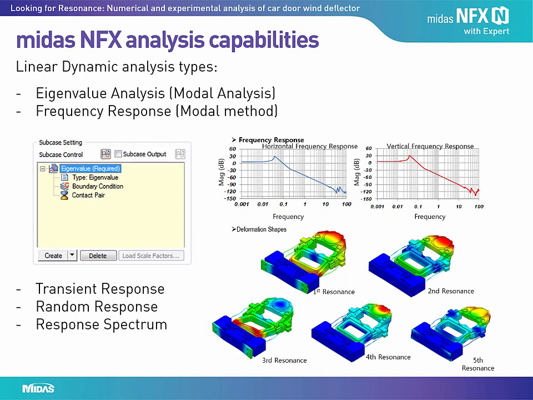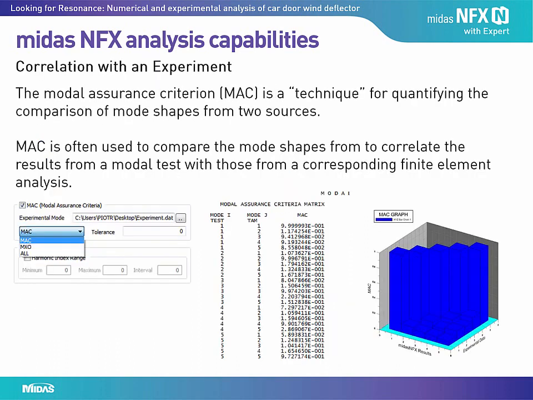Eigenvalue is the basic one, which allows us to grasp resonant behavior. A modal analysis, which is exactly the same, determines the vibration characteristics like natural frequencies and mode shapes of the structure or a machine component. It can also serve as a starting point for more detailed and complex analysis types like transient or spectrum analysis.